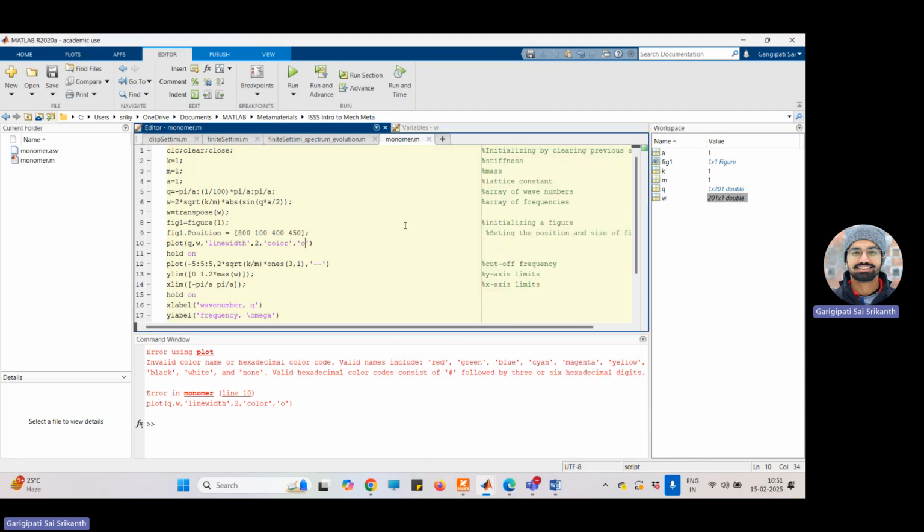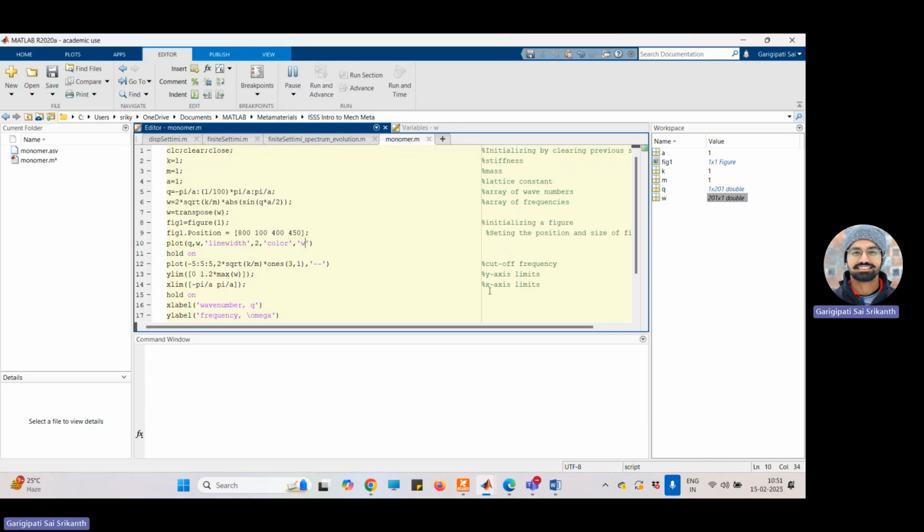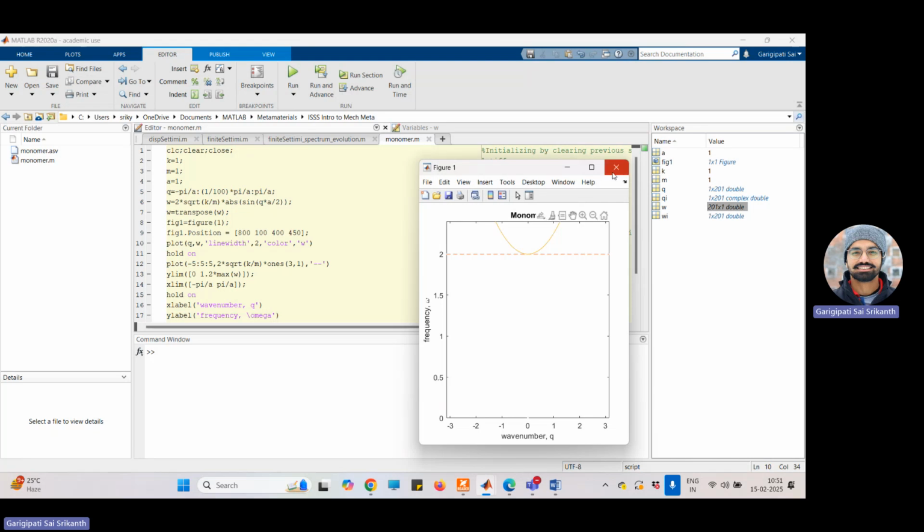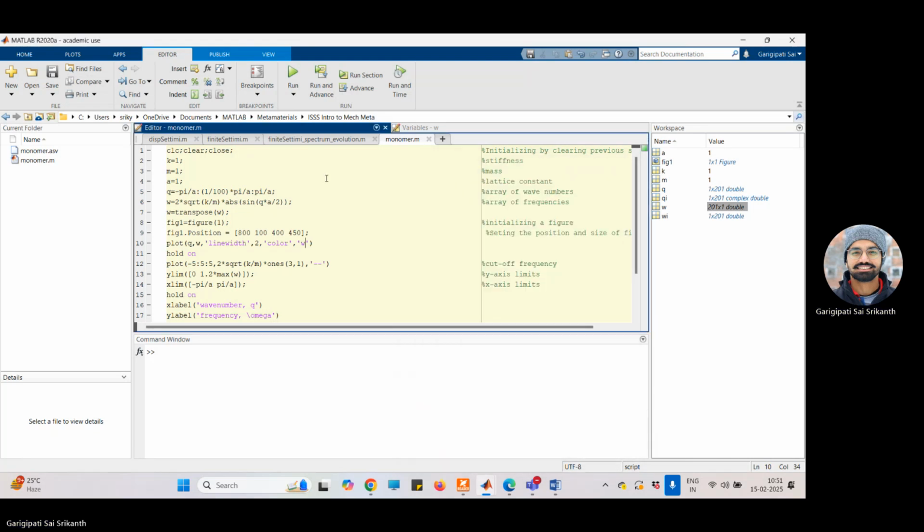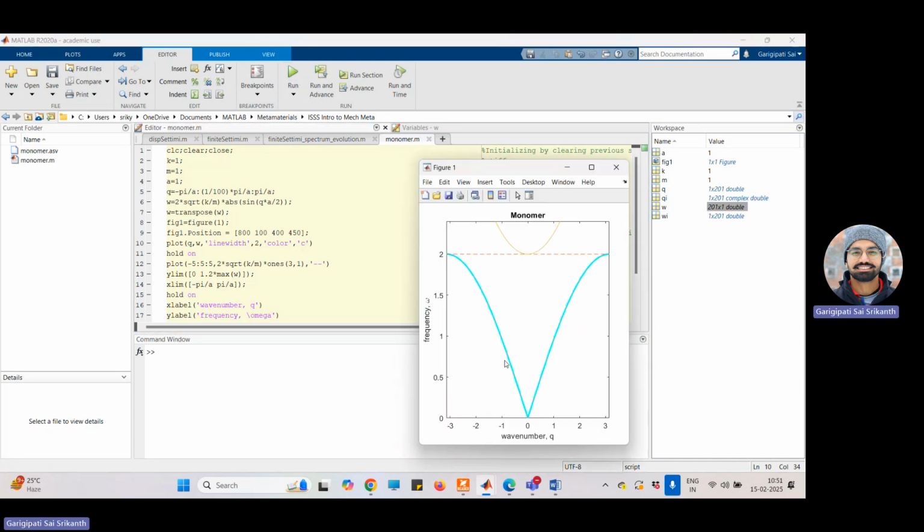No, O does not exist for orange. I think white is W, but that will just disappear. Yeah, it's disappeared. So white is W. Okay, anything else? C might be cyan. Yeah, C is cyan. Again, you can look at the property color, and these codes are standard.